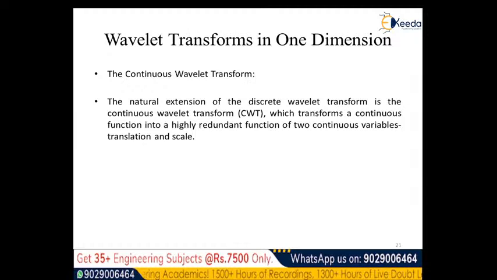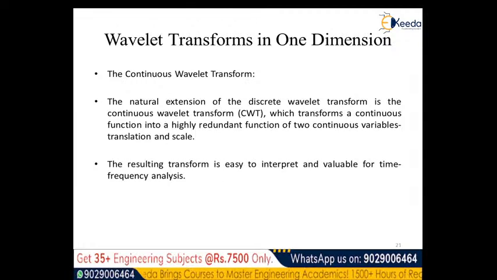The continuous function is fed as input to the CWT, whereas the input is of the discrete type when we work with the DWT. With the continuous wavelet transformation, the resulting transform is very easy to interpret and valuable for time frequency analysis.